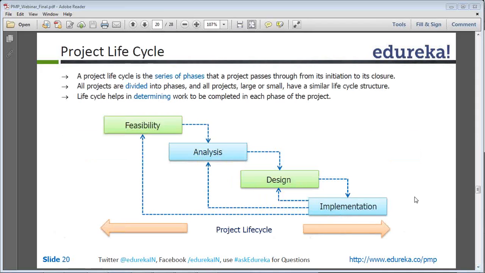We also see the life cycles of any project. Now these life cycles differ from project to project based on the type of project.